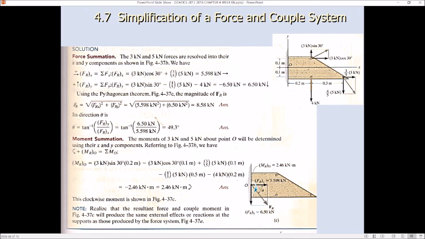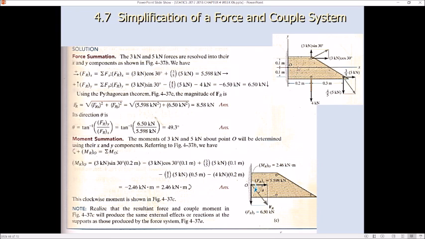In order to determine the direction, you can use this formula, which is theta is equal to inverse tangent, open bracket, resultant force of y divided by resultant force of x. Then you will get the angle 49.3 degrees. And then for the moment summation about point O, we can use the moment equation, which is force times the distance.